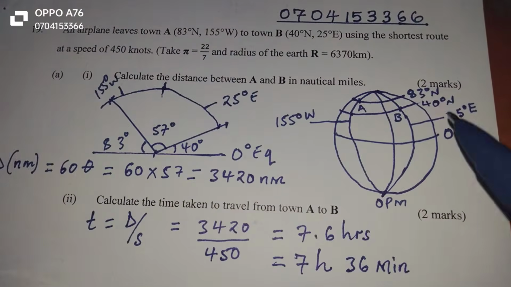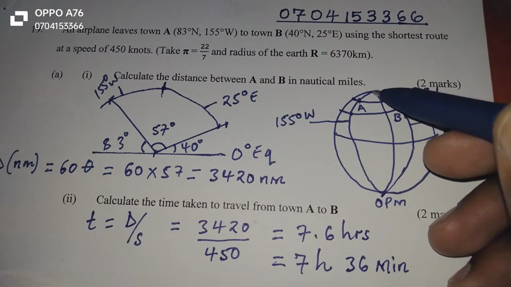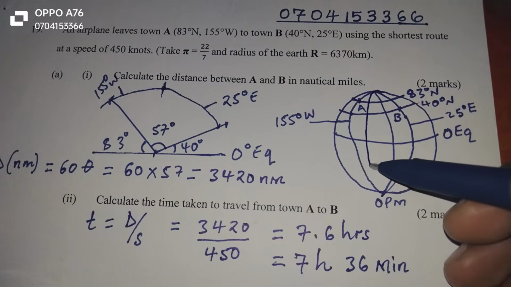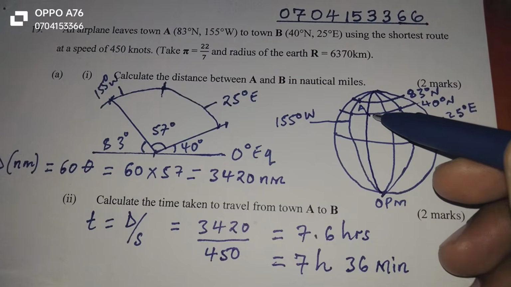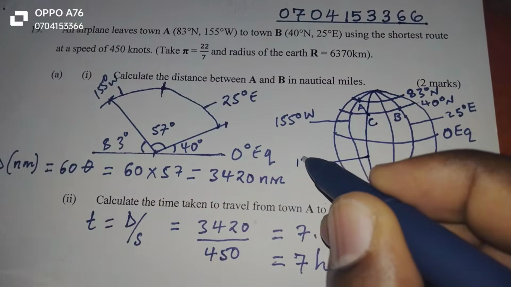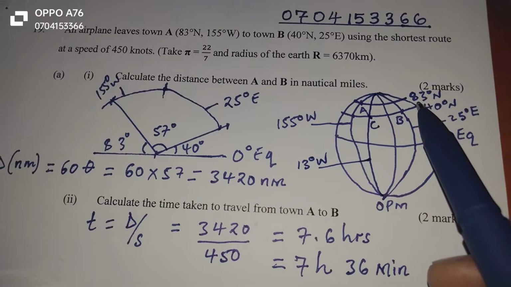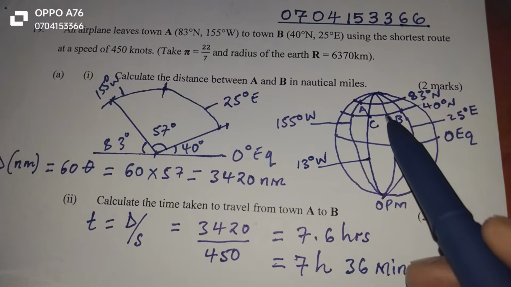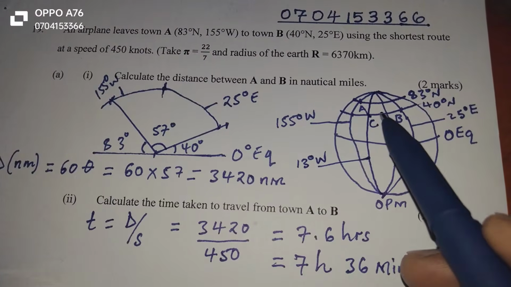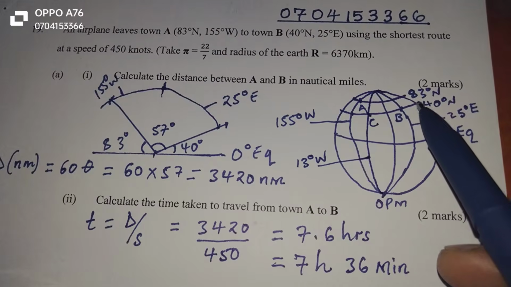Therefore now from B, the plane moves westwards, which means now to the left, until 13 degrees. So this is where C is, 13 degrees in the west. So the plane now is moving along the parallel of latitude. That means the plane is moving along a small circle.